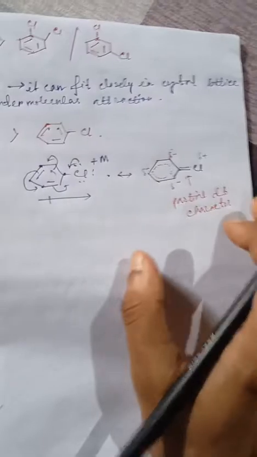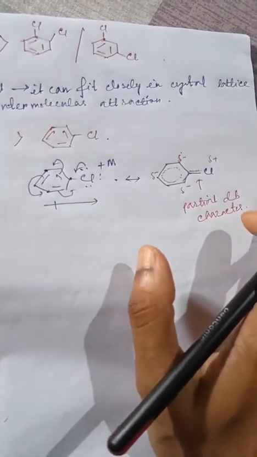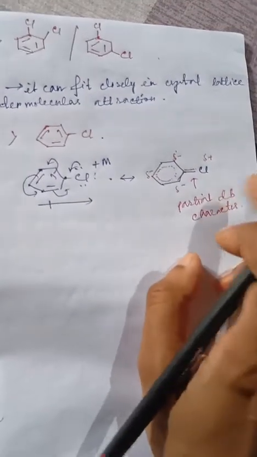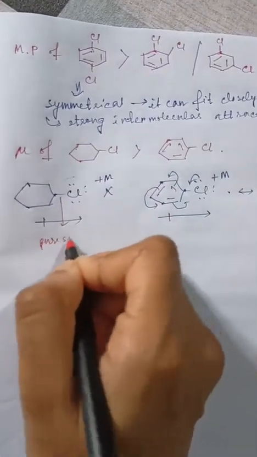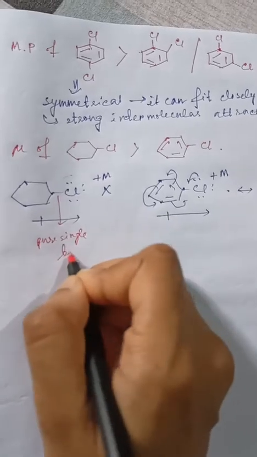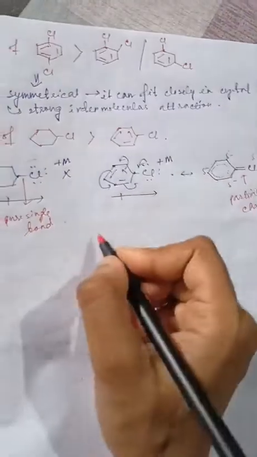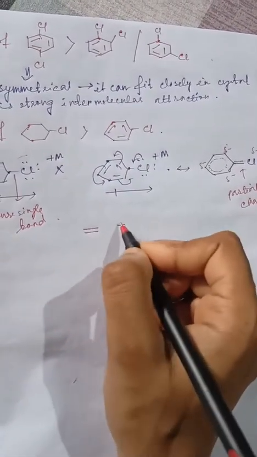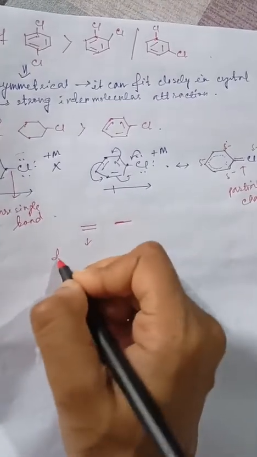Now to break the double bond is very difficult compared to a single bond, right? Now since it gives this double bond character, where here it is a pure single bond. And we all know in the double bond there is better overlap compared to a single bond, and since there is a better overlap in this double bond, the bond length becomes what? Bond length shorter.